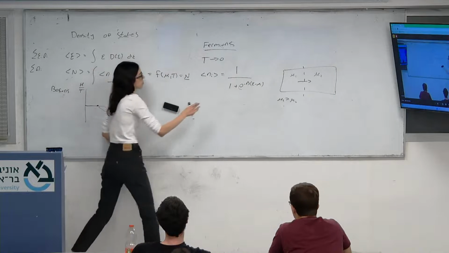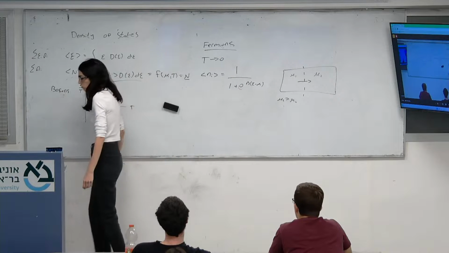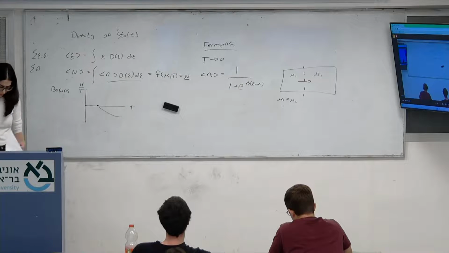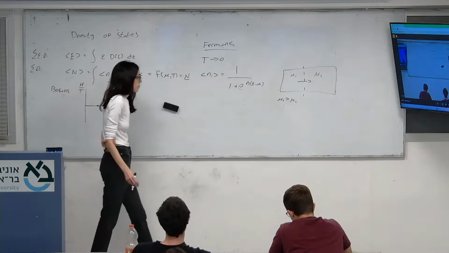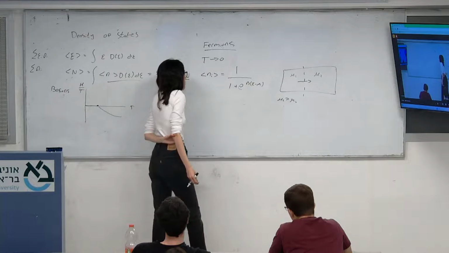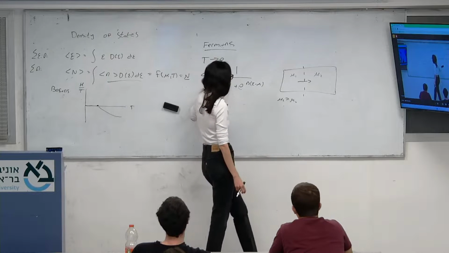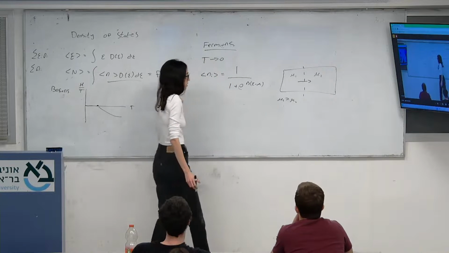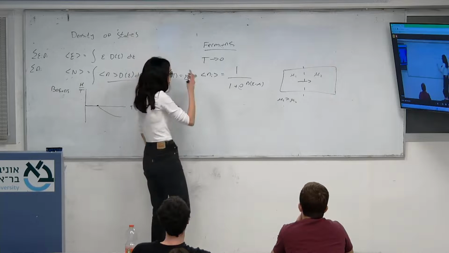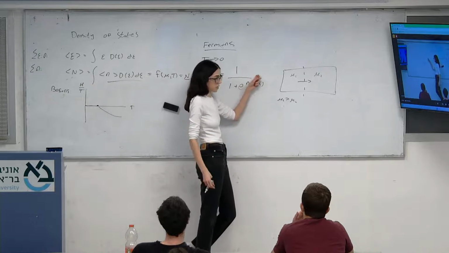If the temperature goes to 0, it means that beta goes to infinity.